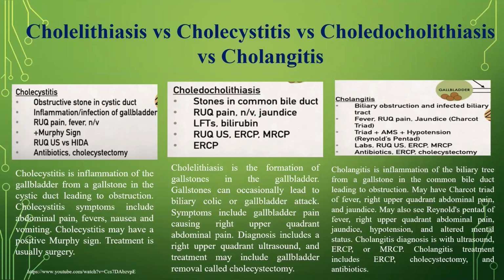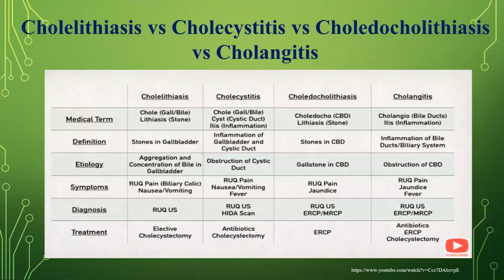Stone removal in the case of choledocholithiasis is essential for treatment and can be done without laparotomy or laparoscopy, only with endoscopic guidance. On the slide, you can see a comparative differential table between 4 major conditions in patients with bile disorders, which can be useful for you to prepare for classes and for real life.